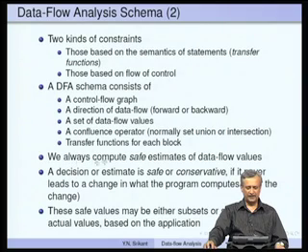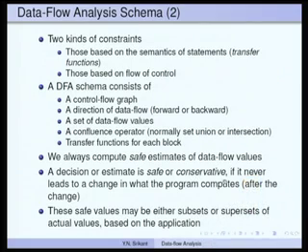Another important point is we always compute what are known as safe estimates of data flow values. So, what is safe about them? An estimate is safe or conservative if it never leads to a change in what the program computes after the change. These safe values may be either subsets or supersets of actual values based on the application.